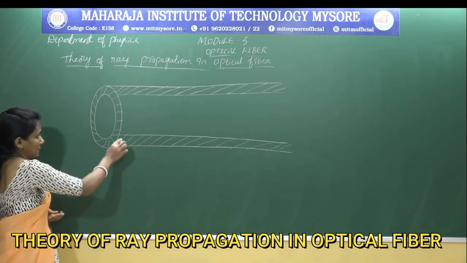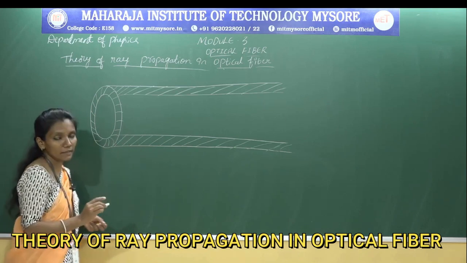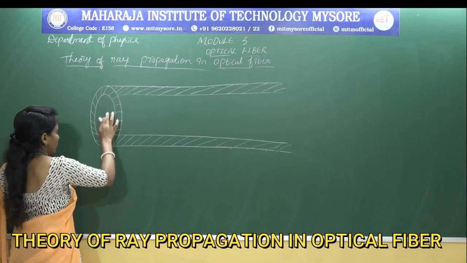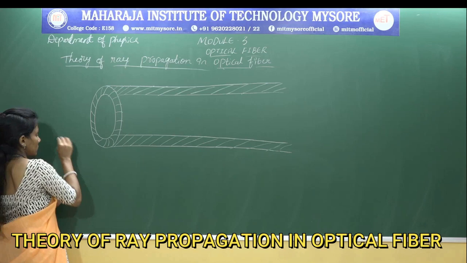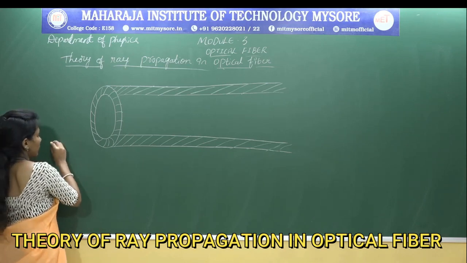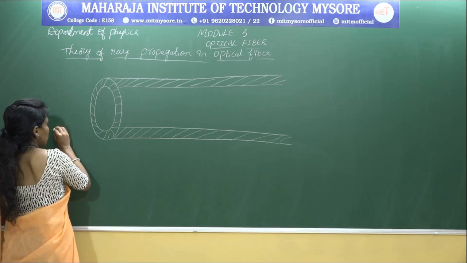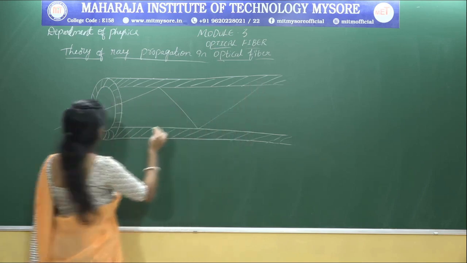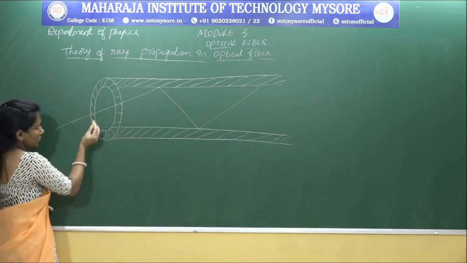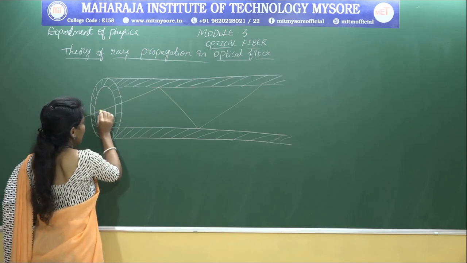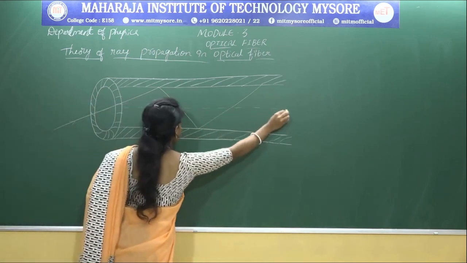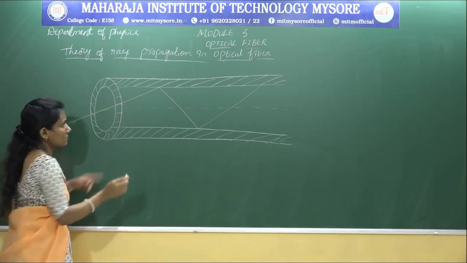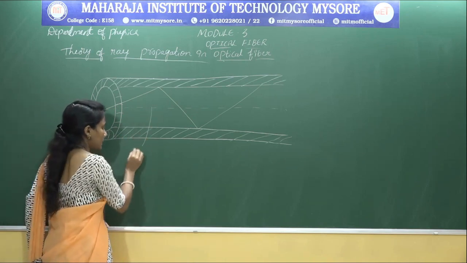When a ray of light enters from the surrounding medium, how does the light ray propagate? At the center is the optical axis. The center is called the optical axis.